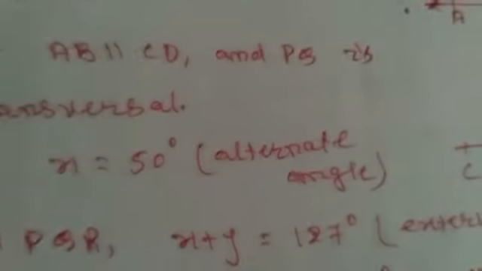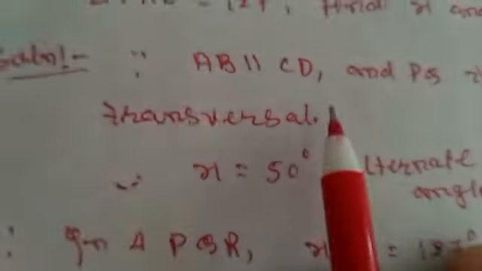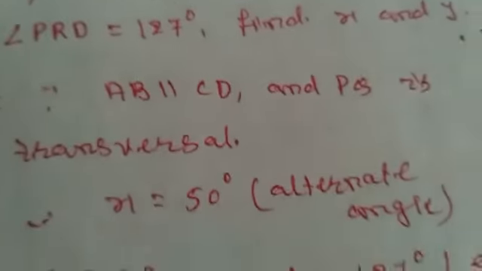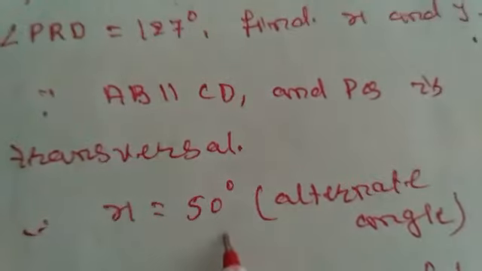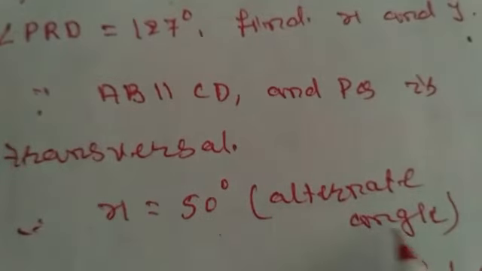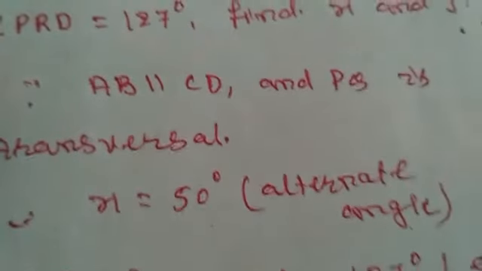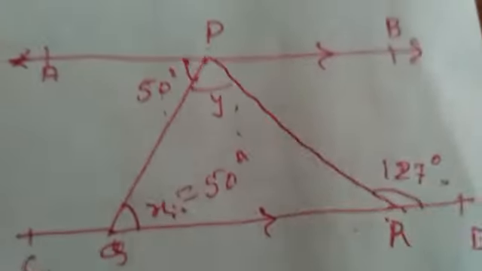Since AB is parallel to CD and PQ is transversal, we have X equals 50 degrees because of alternate angles. Now come to the figure again.